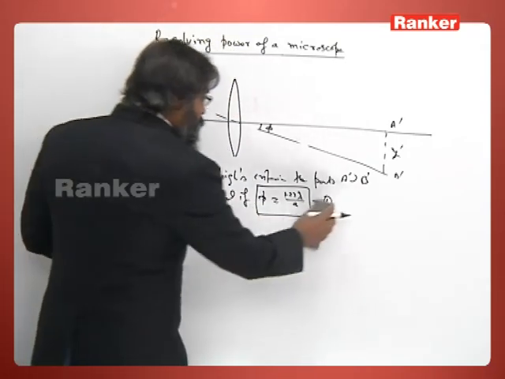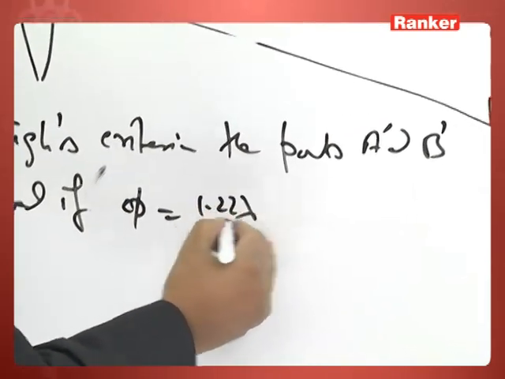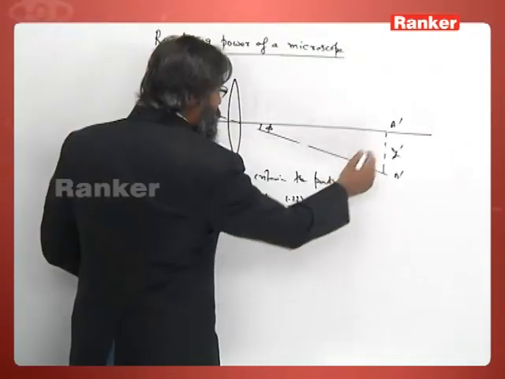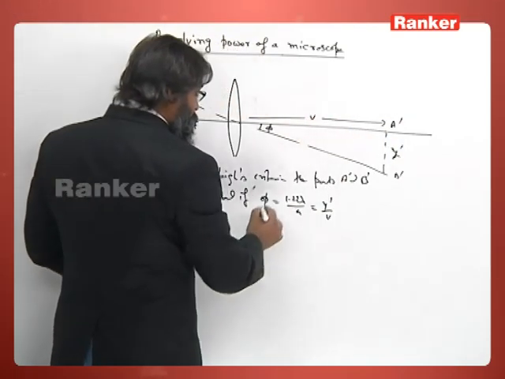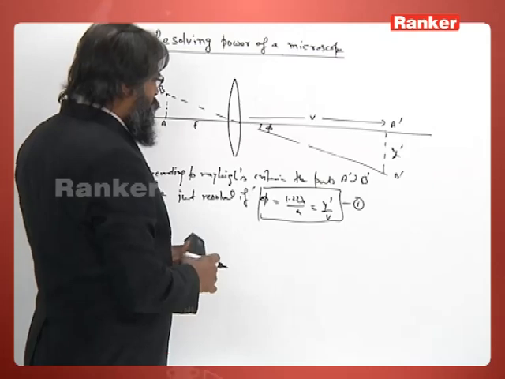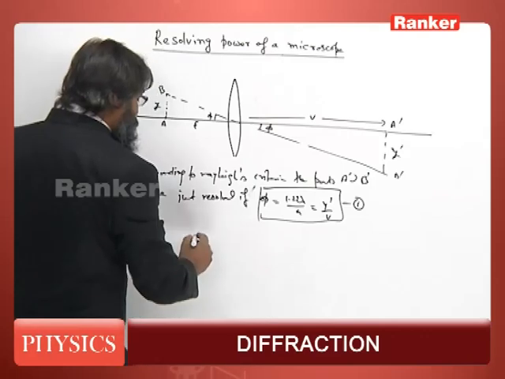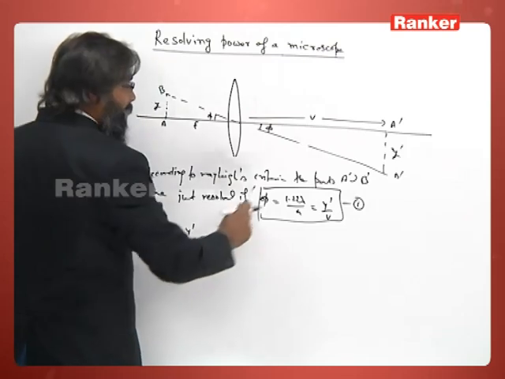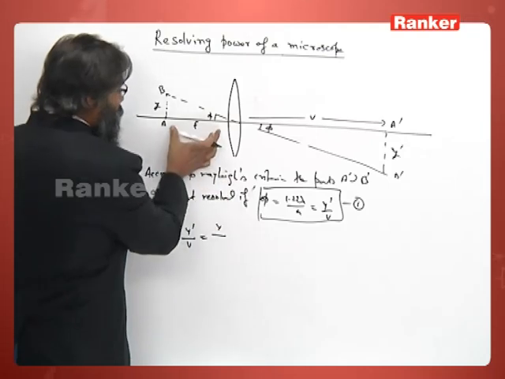Now, let us write phi is equal to 1.22 lambda by A, that is sin phi or tan phi, which is equal to y dash by V. Call this equation 1. Now, from similar triangles, this is phi and this is also phi, so y dash by V is y by this distance, which is nearly f.